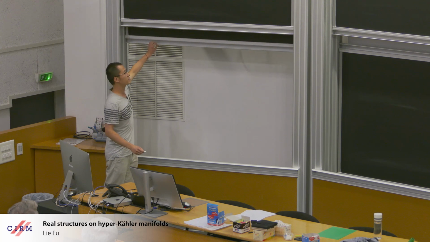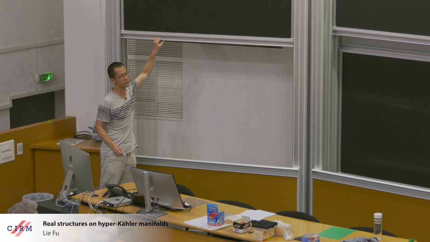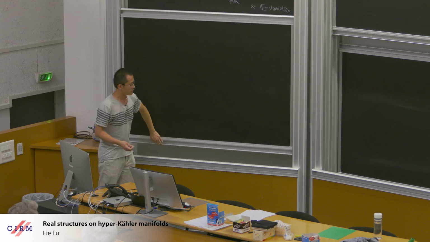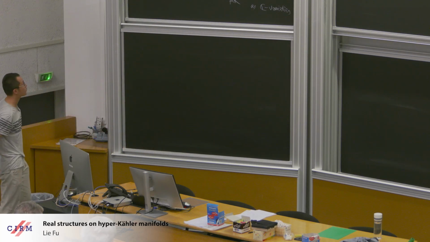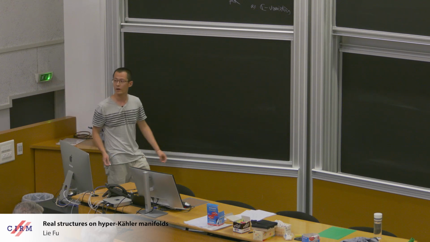There is a natural equivalence relation among real structures by conjugation, and the obvious equivalence relation among real forms is being isomorphic as R-varieties.